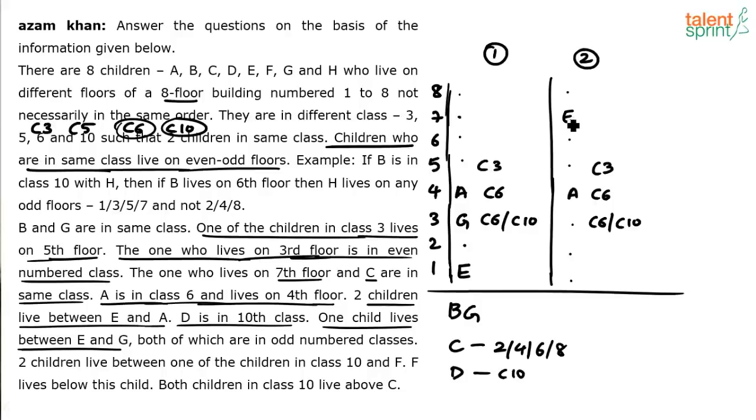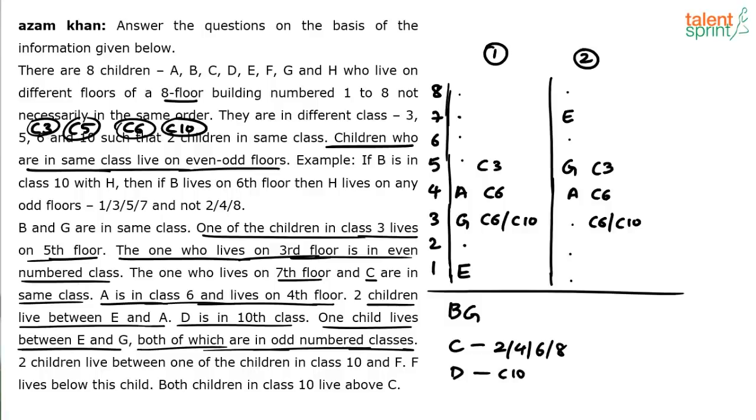In the second case, E is here. There is only one child between E and G, so G has to come here. So E dash G, E dash G. Both of which are in odd numbered classes, which means E and G both are in odd numbered classes. Odd number classes are only C3 and C5.